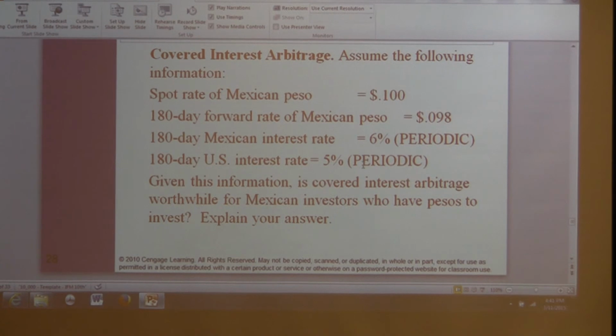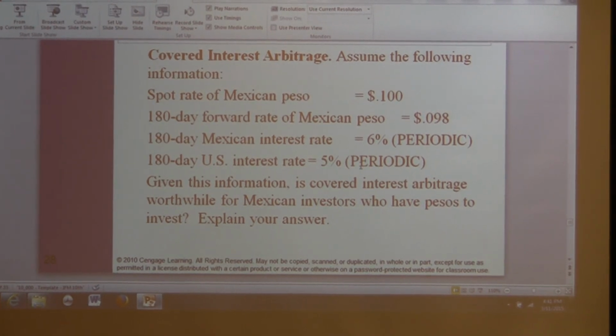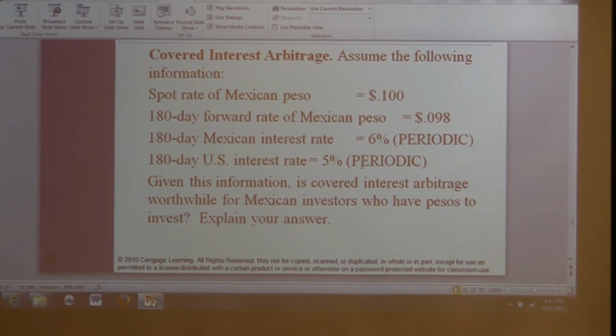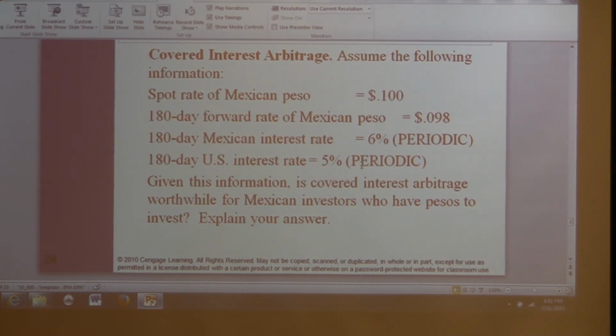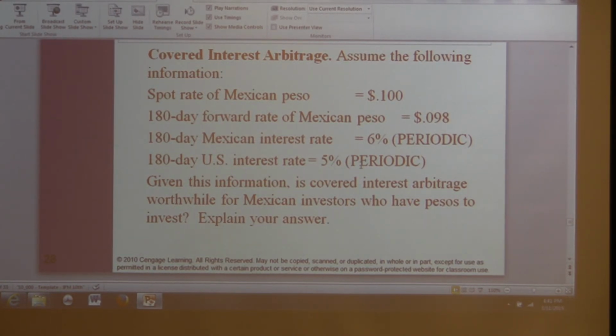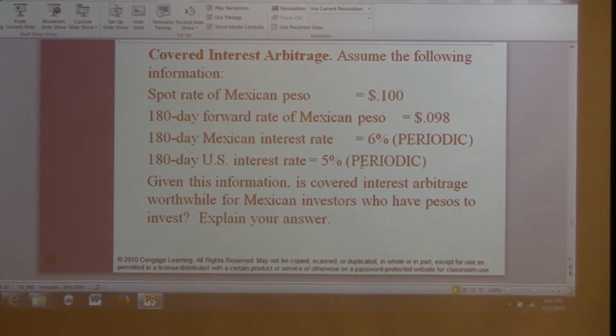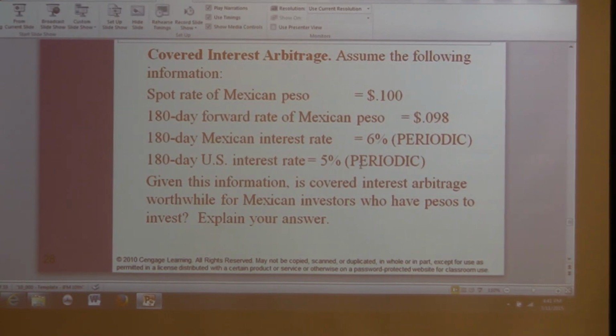So what is the forward price? The forward price is given by the spot exchange rate times, what is the US interest rate? 1.05 divided by 1.06. Okay? So here, the spot rate is 0.1.